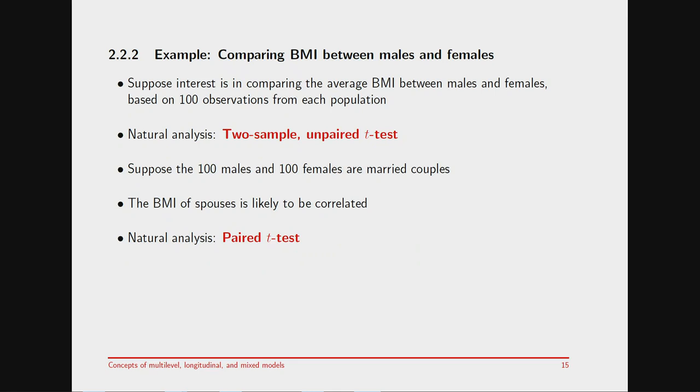Probably the analysis that you would do is a two-sample t-test, or maybe a non-parametric version of that, but let's say a two-sample t-test. Now, suppose I would tell you that these 100 males and 100 females, that these are 100 married couples. Most likely, you would switch to a paired t-test.